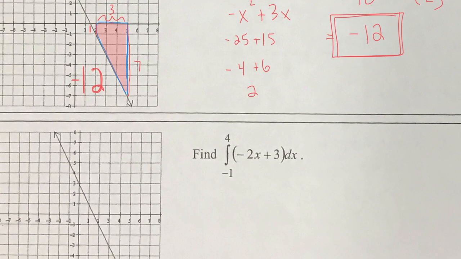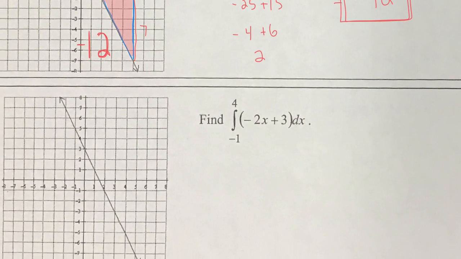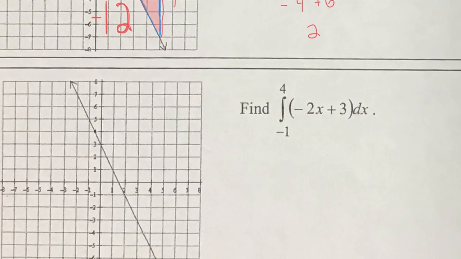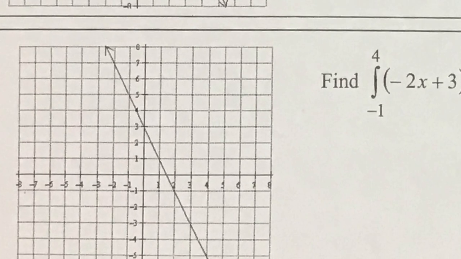Okay, so how about if we look at this one from negative 1 to positive 4? Now we have 2 separate intervals where one is going to be a positive area, right? This is a positive area here. And this one is going to be a negative area if we continue on going to 4. These are just triangles, right? They're no longer trapezoids.